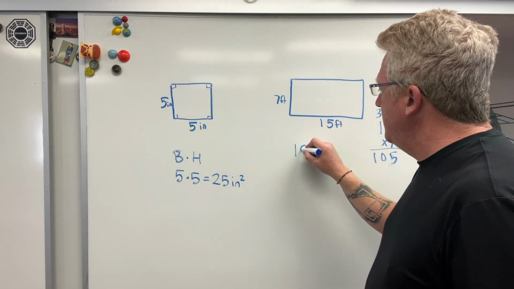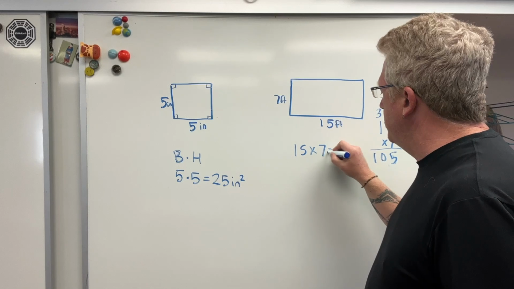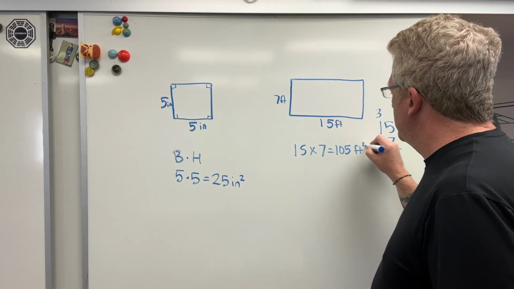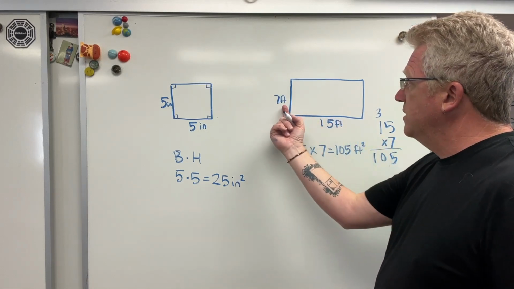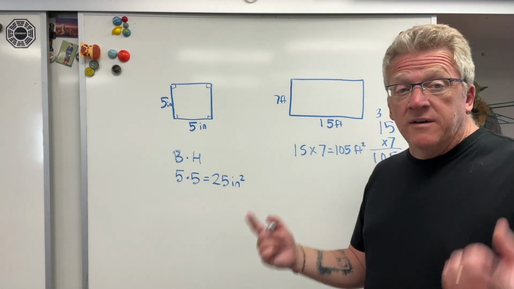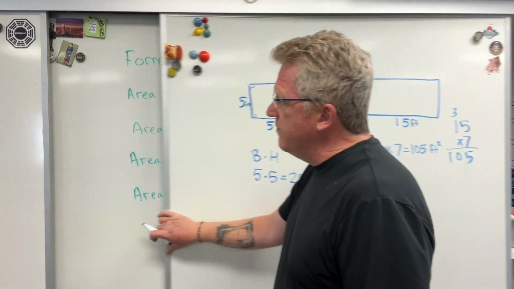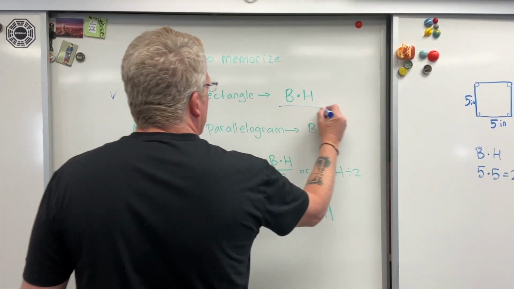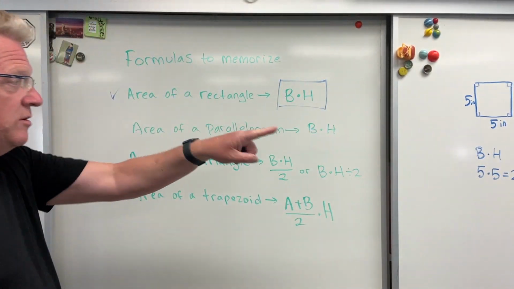So 15 times 7 equals 105 feet squared, because our unit measure is feet. There's a couple of examples of the rectangle. That's our first thing. Here we have area of a rectangle, here's our formula right here, and those are 2 examples of that.